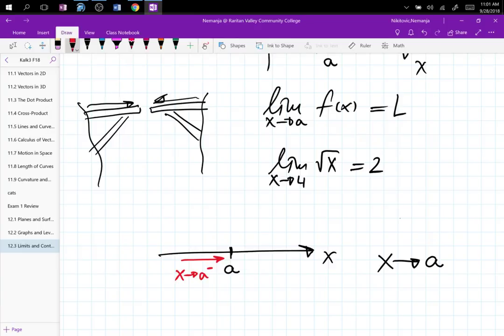We put that minus on A. And the Romeo approach is going to be from the right: x approaches A plus. These are known as one-sided limits. And there is that theorem which states that where the two one-sided limits are the same, the limit for the problem is that number. If the one-sided limits are different values, there is no limit. Okay?